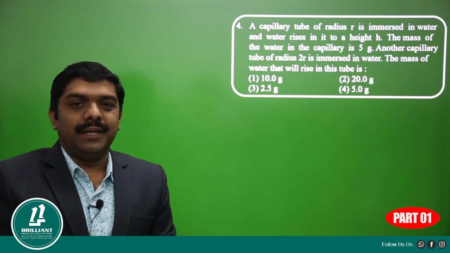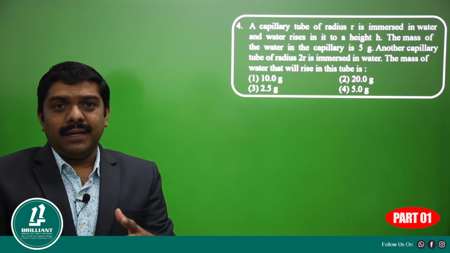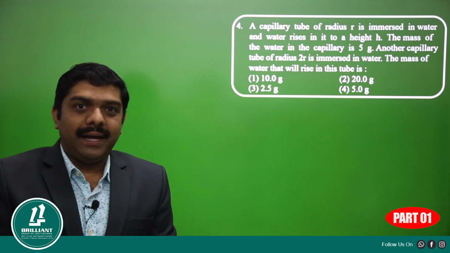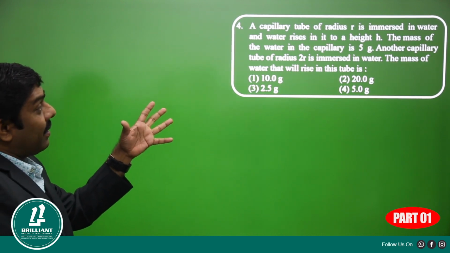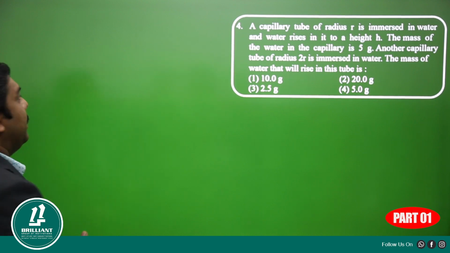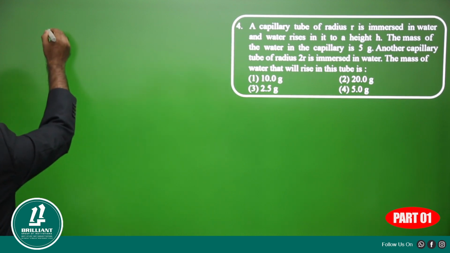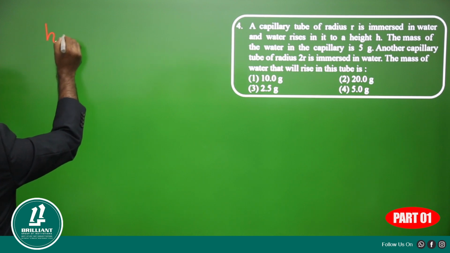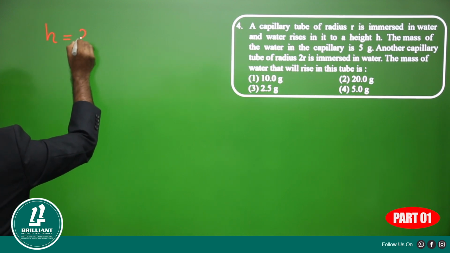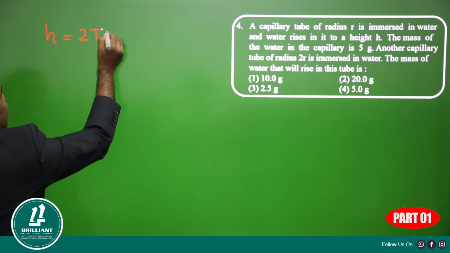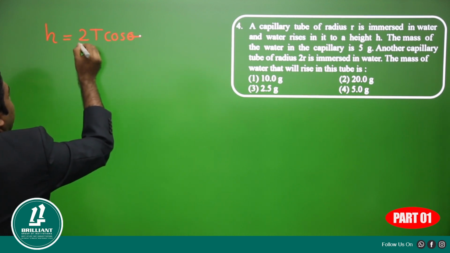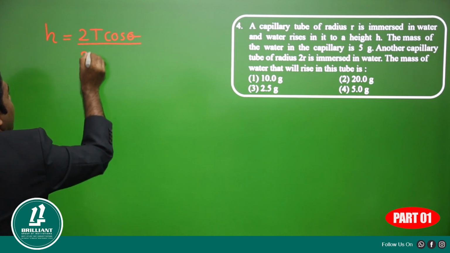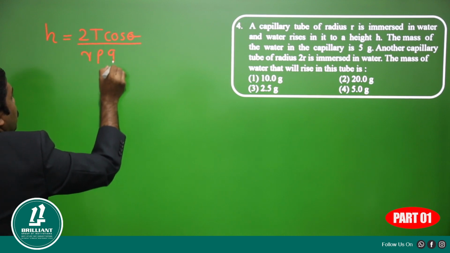See, this is a question in +1, Part 2, Mechanics of Fluids, where capillary rise is the topic. So, what is the equation for capillary rise? h is equal to 2T cos theta divided by r rho g.